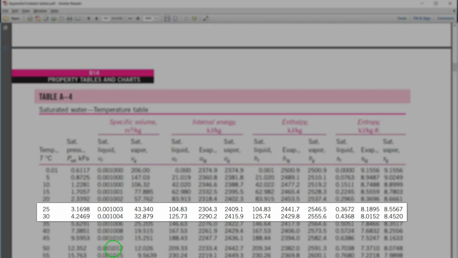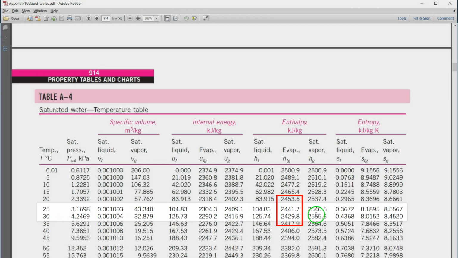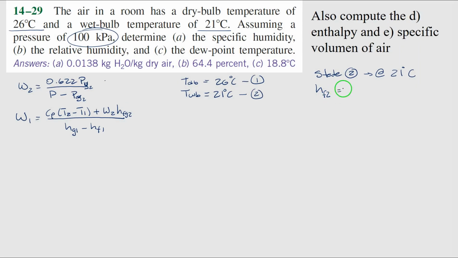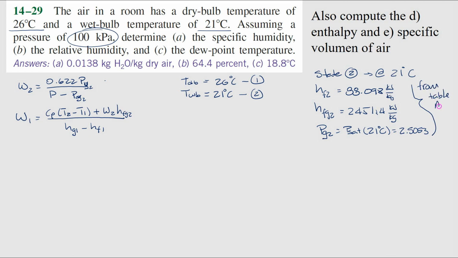We interpolate between 20 and 25 to get hfg2, hf2 to be 88, hfg2 to be, and we need also the Pg2, which will be the saturation pressure at 21 degrees, all of this from table A4.